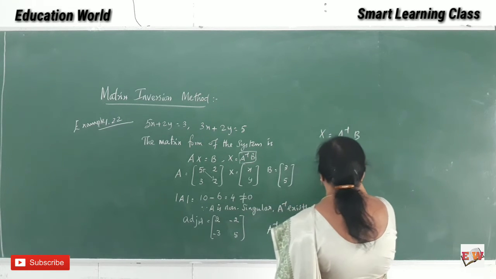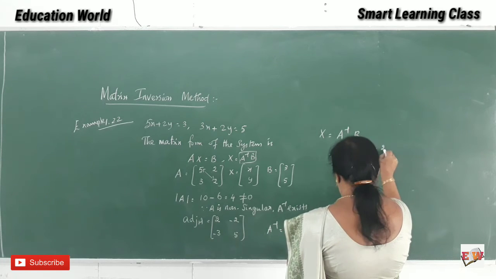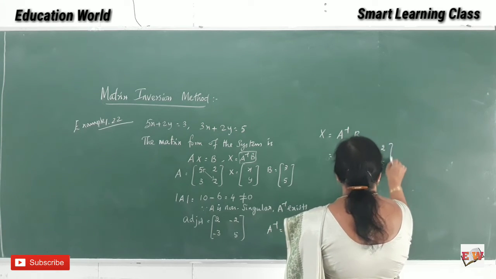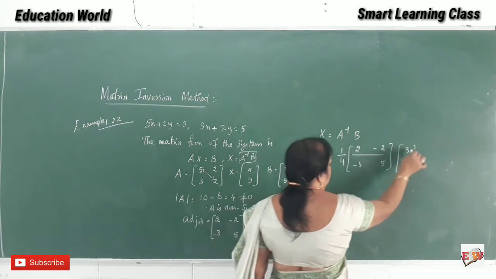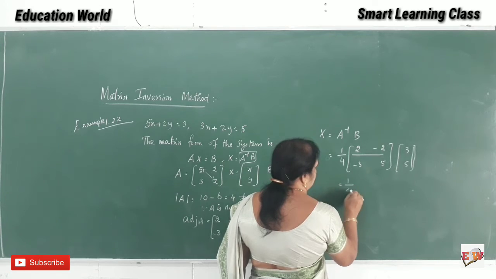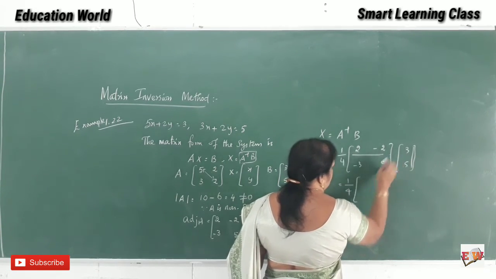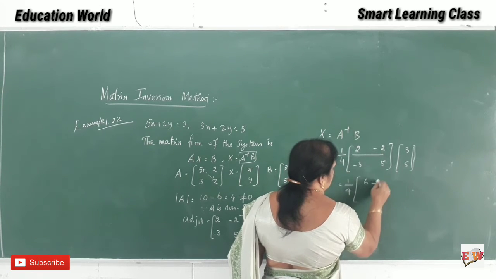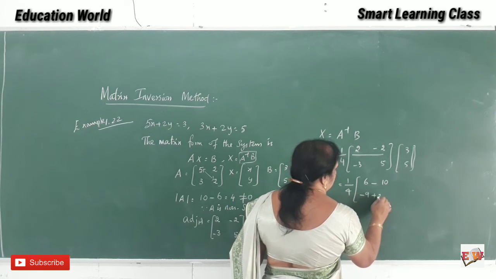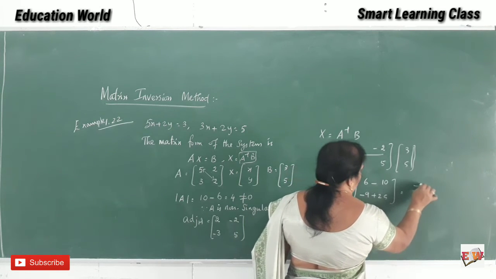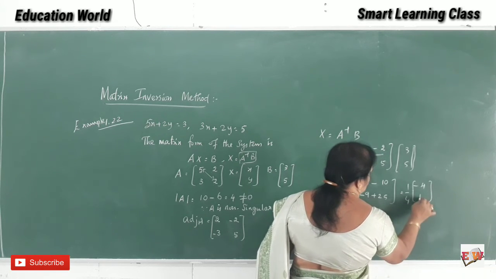Apply here: instead of A inverse, I apply this value, [2, minus 2; minus 3, 5], into B, [3, 5]. Usual matrix multiplication. You just keep this 1 by 4 as it is. 2 into 3 is 6, plus minus 2 into 5 is minus 10, giving minus 4. Minus 9 plus 25 is 16.